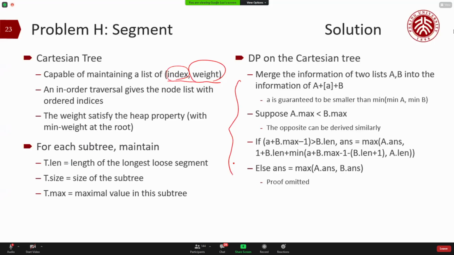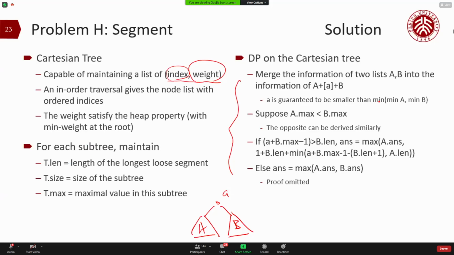So we merge the information of lists A and B. So this is a lowercase a, this is a subtree A, and this is a subtree B. According to the property of the Cartesian tree, it's guaranteed that a is smaller than the minimum of the left subtree and the right subtree.